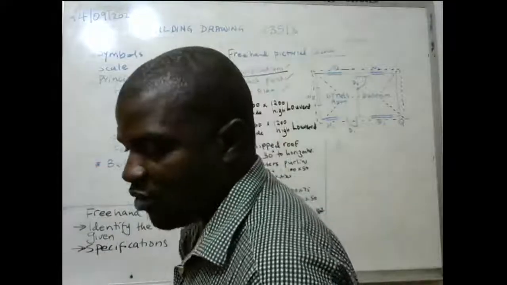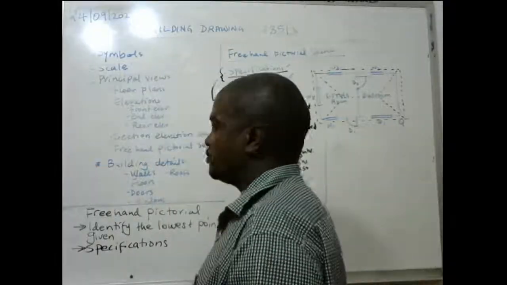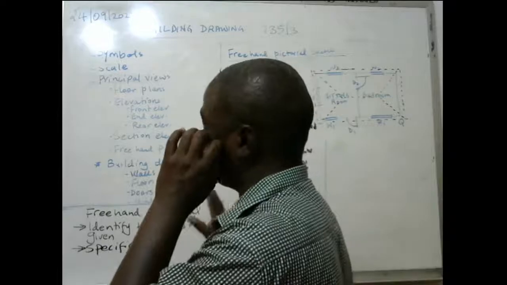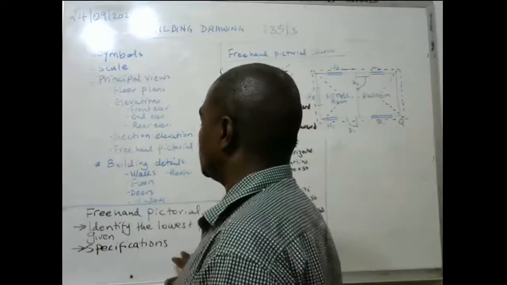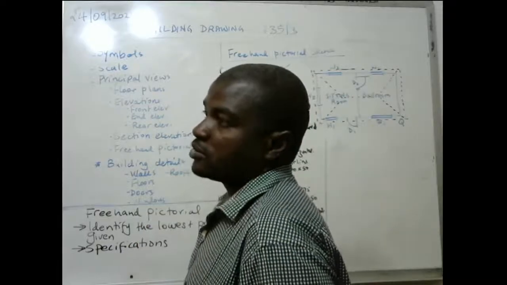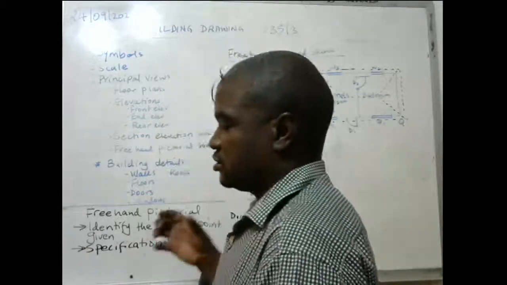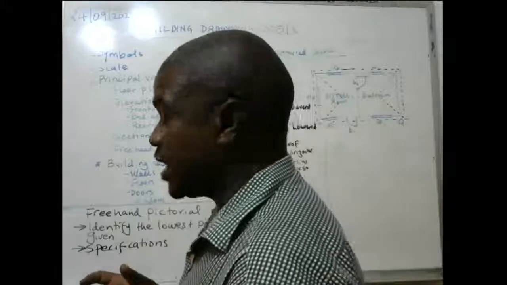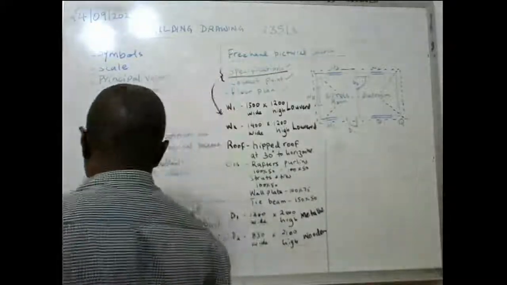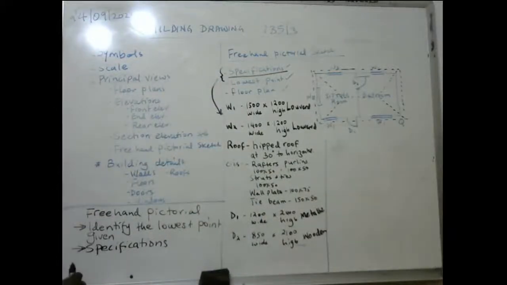At this level, this is what we only need. So you need to look at the specifications so that when you are making this sketch, you make it as close to the reality as possible. Now, the other thing you need to consider is what we call proportionality.